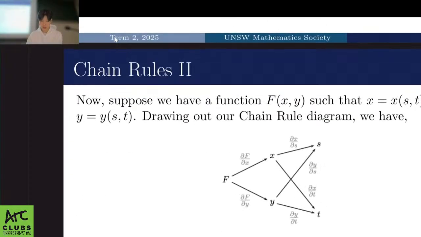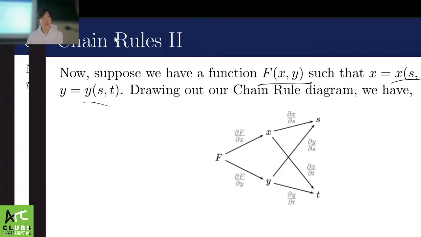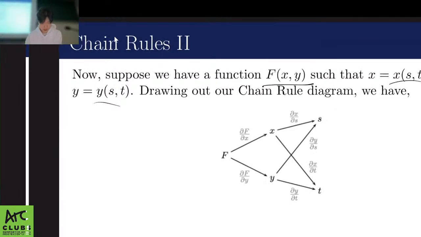So let's look at another one here. If I have f of x, y and x is a function of s and t, same with y, drawing it out, f goes to x and y, and both x and y, they go to s and t. So I can see that. Let's just do an example.